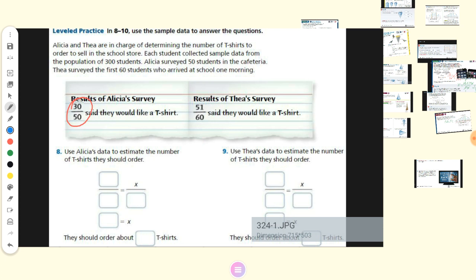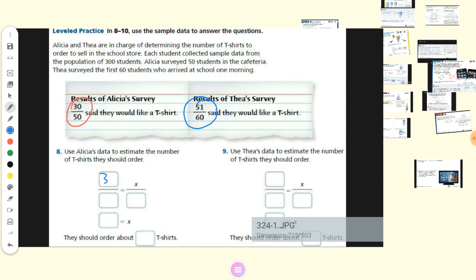She asked 60 and found 51 out of 60 said yes, we need a new shirt. To estimate the order for Saya and Alicia, we have to do the following.